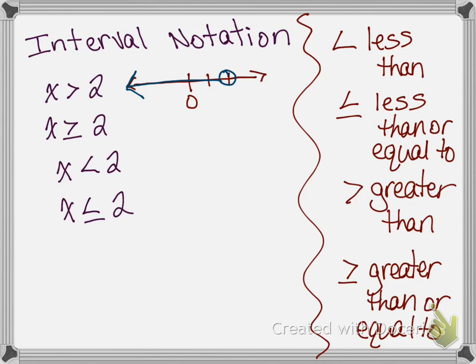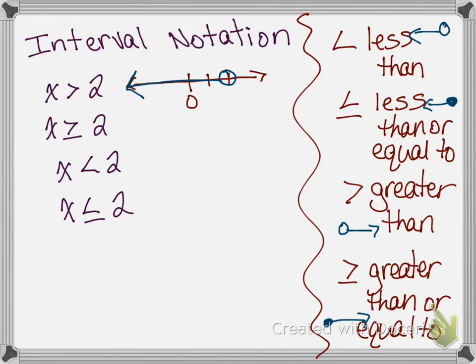Now, for interval notation, instead of using an open dot, we are going to use a parenthesis. So if you think back, this is when I would use an open dot and go this way. This is when I would use a closed dot and go this way. I would use an open dot and go this way for greater than, and a closed dot and go this way for greater than or equal to.